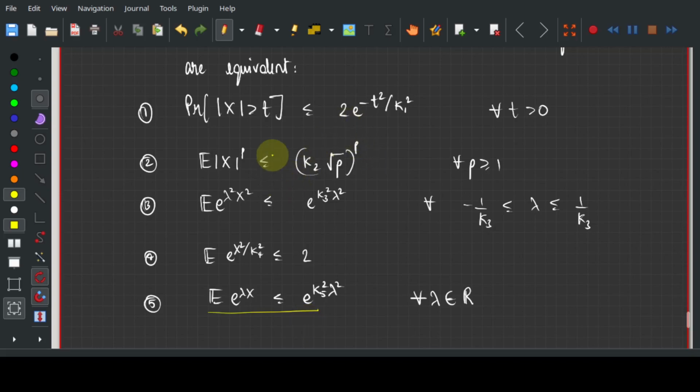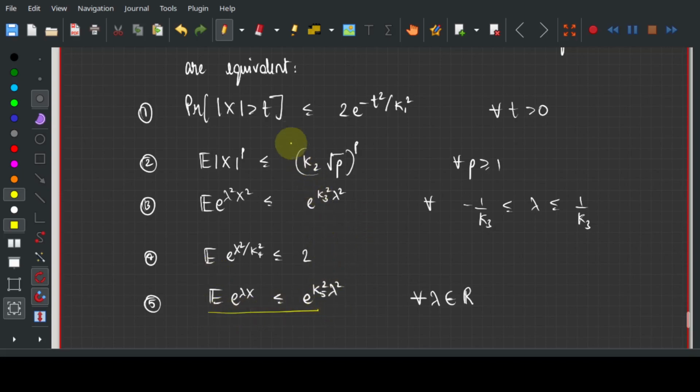But it turns out that all of these conditions are necessary and sufficient for a random variable to be Subgaussian. We won't worry too much about the constant factor as long as it differs by some absolute constant. If there's some universal constant sitting in between, I'll not particularly care about that. I'm not bothered about optimizing those constants.